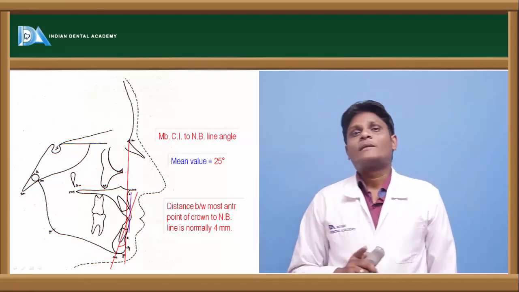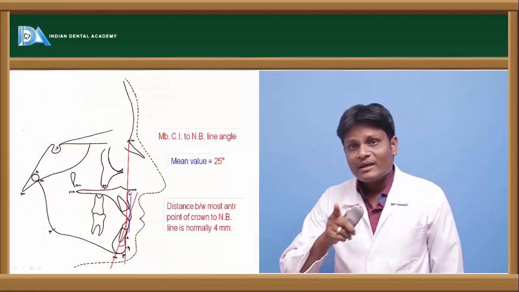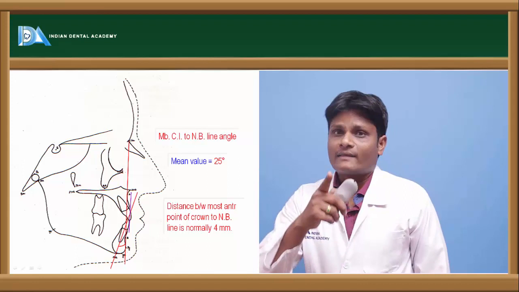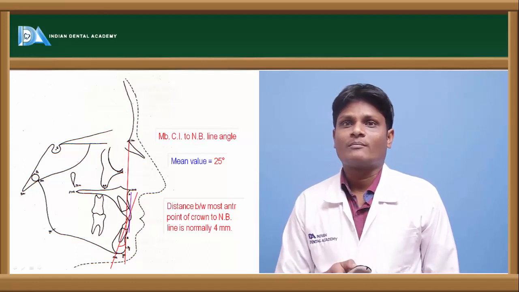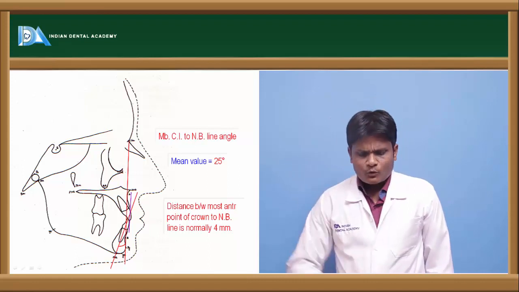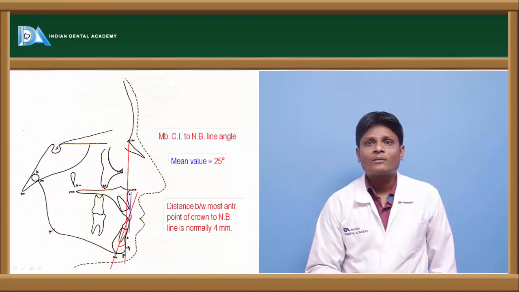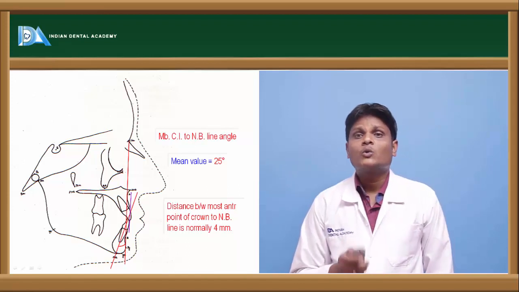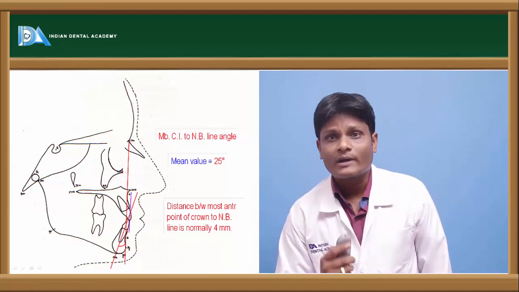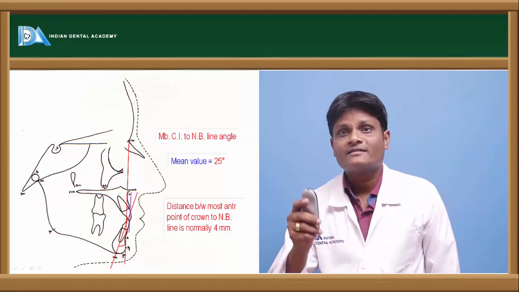The lower incisor to NB angle should be 25 degrees, and the linear measurement from the labialmost point on the lower incisor to the NB line should be 4 mm, same as in the maxillary arch. Any value beyond 25 degrees or beyond 4 mm indicates that the lower incisors are severely proclined with respect to their mandibular apical base as well as the anterior cranial base.